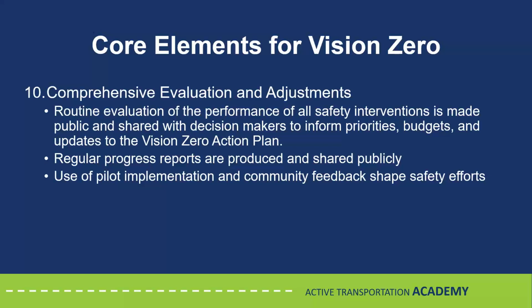Regular progress reports are produced and shared publicly, and the use of pilot implementation and community feedback shapes your safety efforts. For anyone following along on the self-certification checklist, this is the 8th item listed on FHWA's self-certification eligibility worksheet to apply for Safe Streets and Roads for All implementation funding.